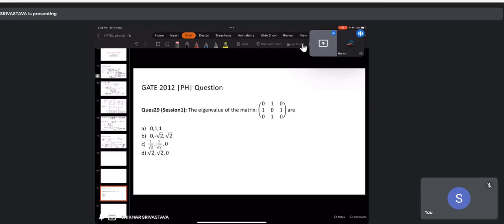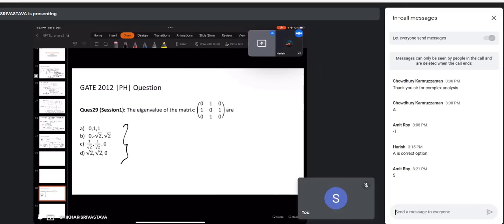So I would just want you to answer this. They have given some matrix and they have asked what the eigenvalues of this matrix are. Out of 4 options, you can just tell me. B. Option B. Okay. Anyone else?